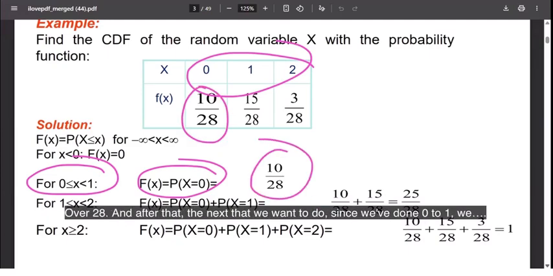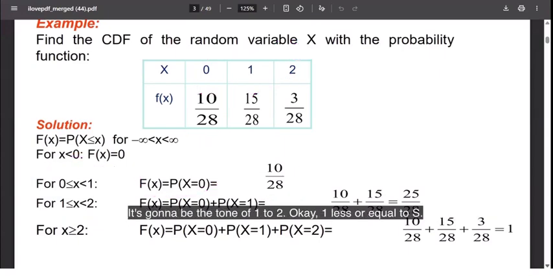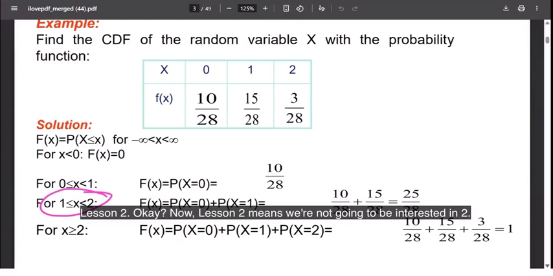And after that, since we've done 0 to 1, it's going to be the turn of 1 to 2. Okay, 1 less than or equal to s less than 2. Now, less than 2 means we're not going to be interested in 2.